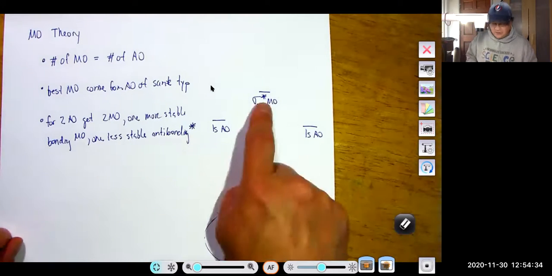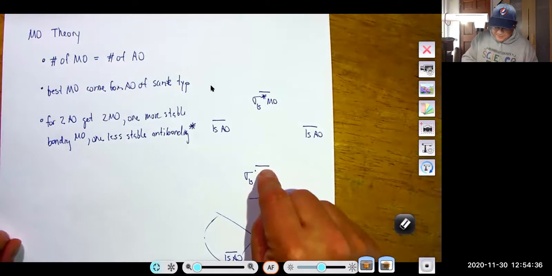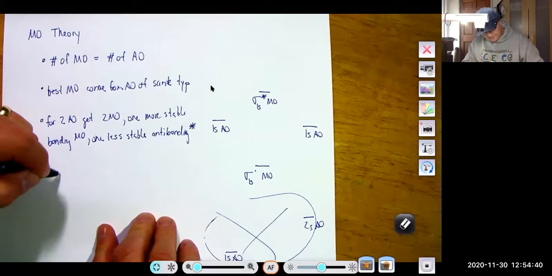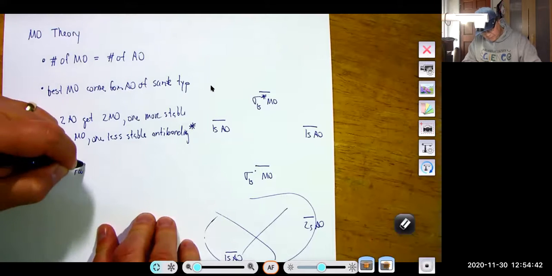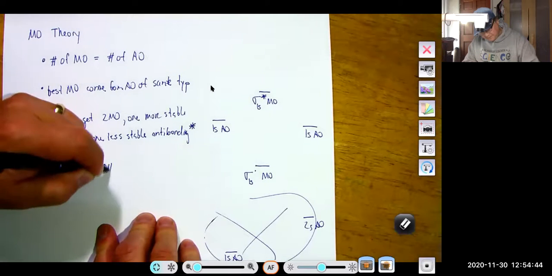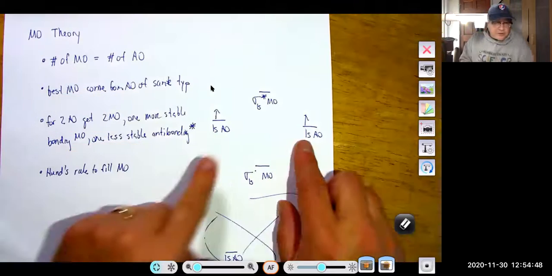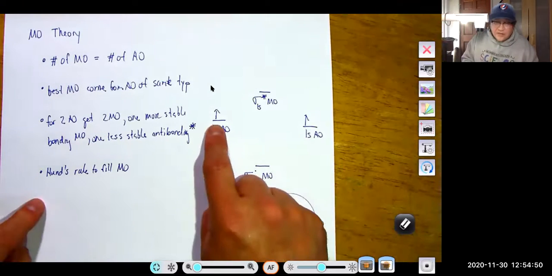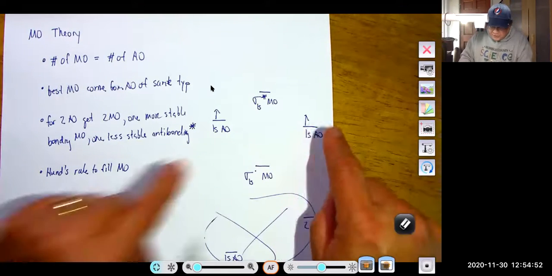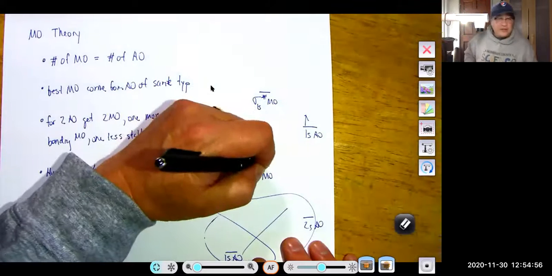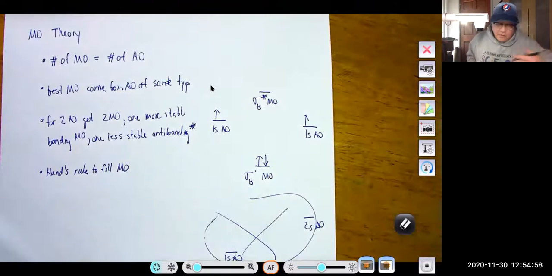With a star. So this is the more stable one. This is the less stable one. And then you use Hund's rule to fill. So if these are 2 hydrogens and we have 1 electron here and 1 electron here, we have to take these 2 electrons and put them into the MOs. So that's what we do. We put them in the lower ones first.